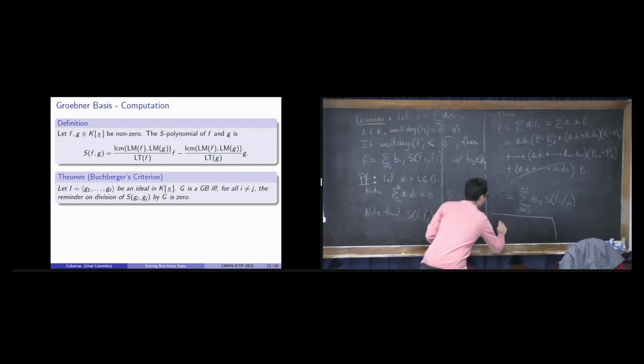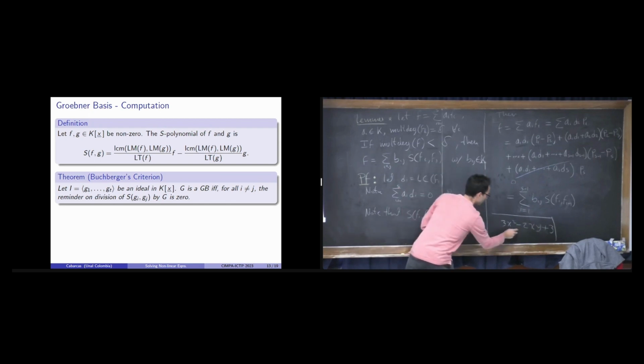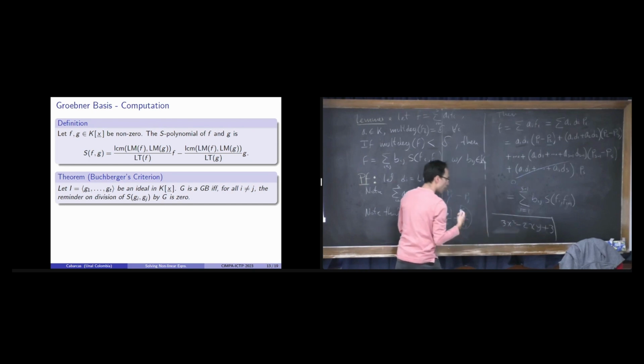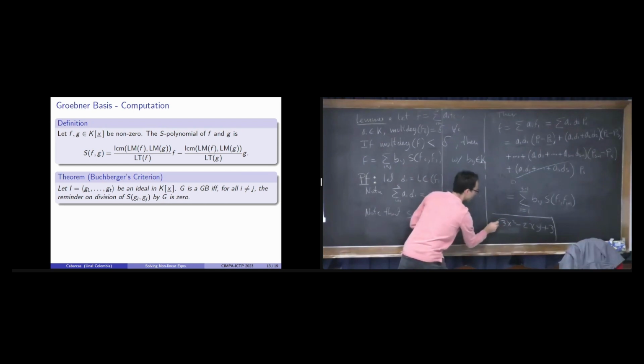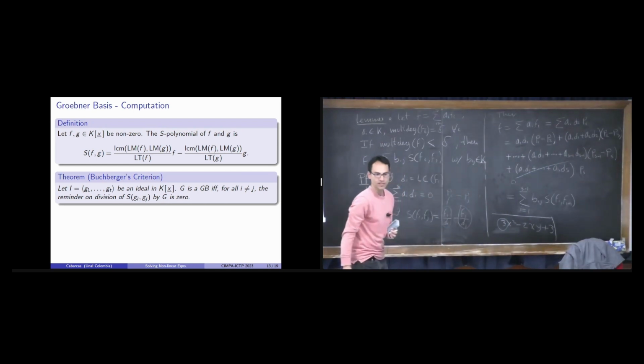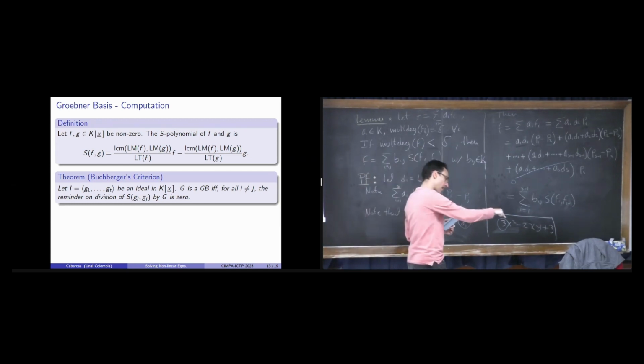So if you have, I don't know, 3x squared minus 2xy plus 3, the leading term is 3x squared. The leading monomial is x squared. And the leading coefficient is just the 3. So it's the coefficient in the leading term.